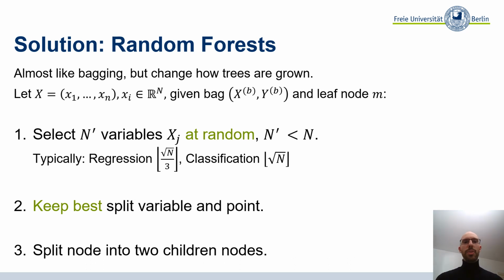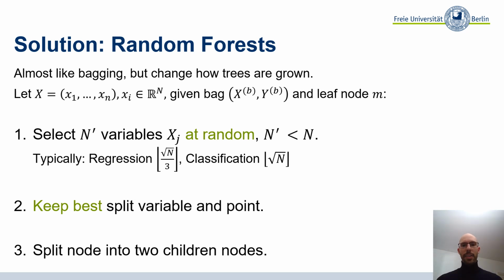So what we do then is we select n prime variables xj at random, where our n prime is smaller than the total number of variables. So we select a subset of variables, and then we keep the best split variable and point, and we do a split. So then we split our node into two children nodes.